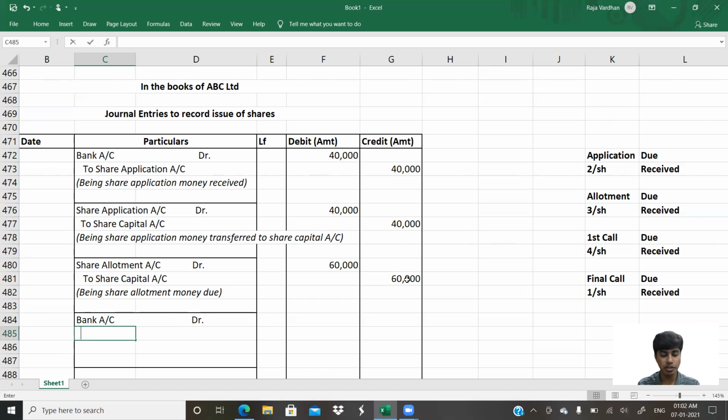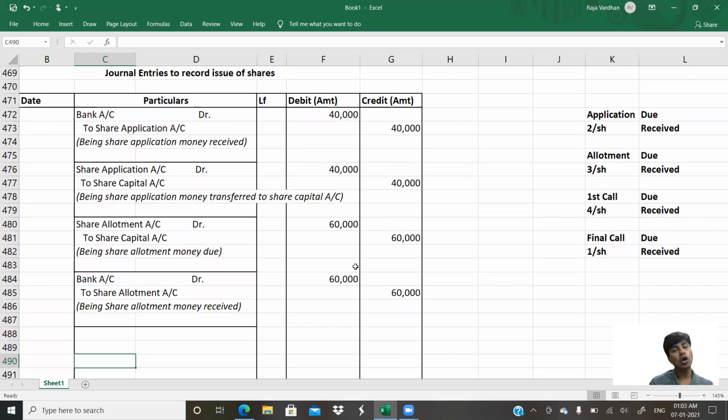He didn't pay share first and final call money. Bank account debit to share allotment account. What exactly is the amount involved here? 60,000. Sir, is it fully received? Yes. Is there any call scenario received? No, no, no. So this is being share allotment money received.